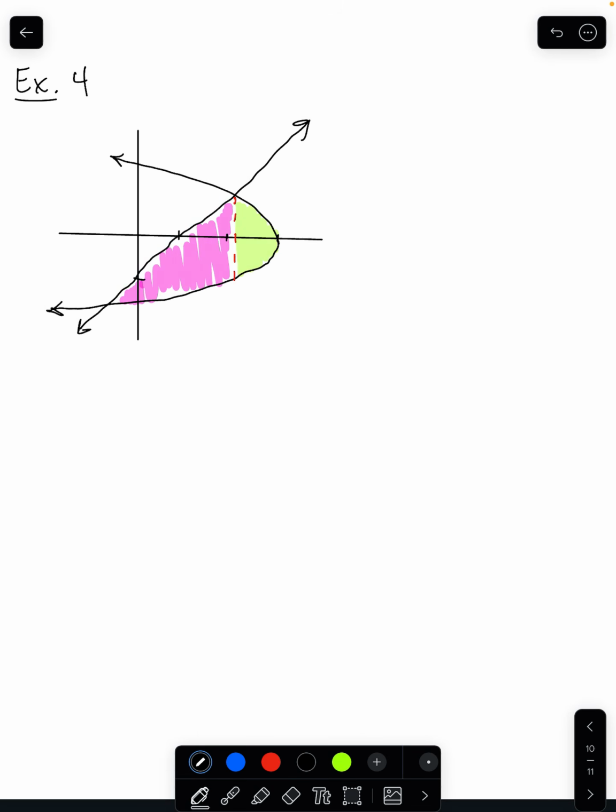We would have to break this down into actually two separate functions. So we could treat this as something in terms of x, where we would have y equals x minus 1 for the linear function.